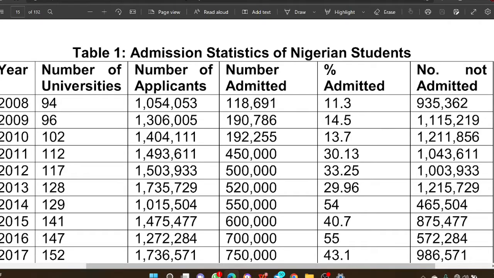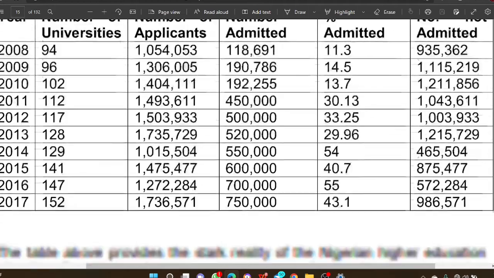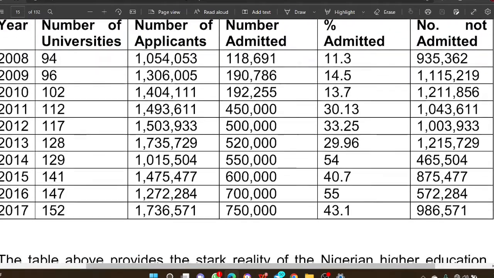Number not admitted, about 935,326,00 were not admitted, and we can go on and on, the list is just there.